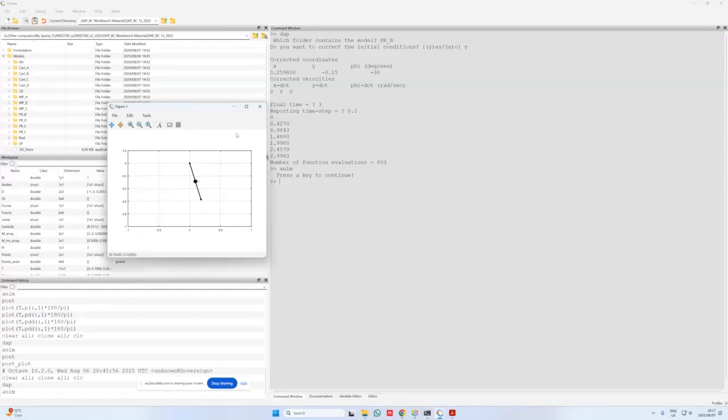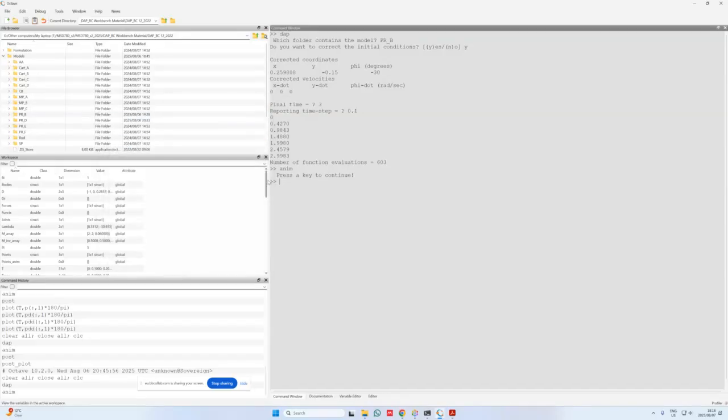All right, so my animation does seem to match up with my expectations. I don't expect the pendulum rod to go above the x-axis. I expect it to essentially oscillate in the lower region or below the x-axis. So if I'm happy with that, I can go ahead, I can close the animation, and now I can start looking at some of the post-processing results.